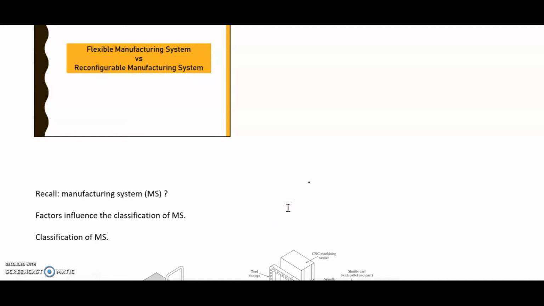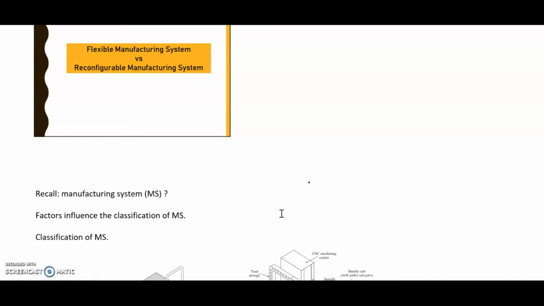So there are several factors that influence the manufacturing systems. Basically there are three types of classes in manufacturing systems. The first one is type of operations.